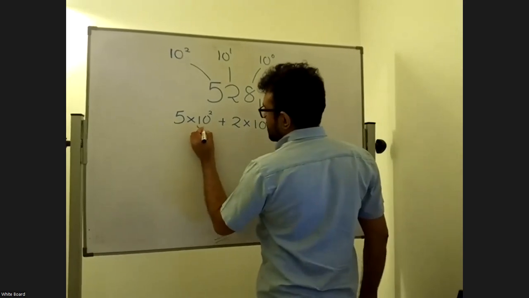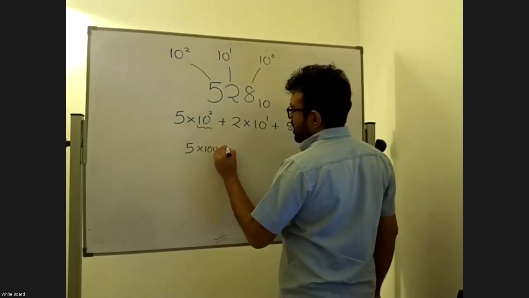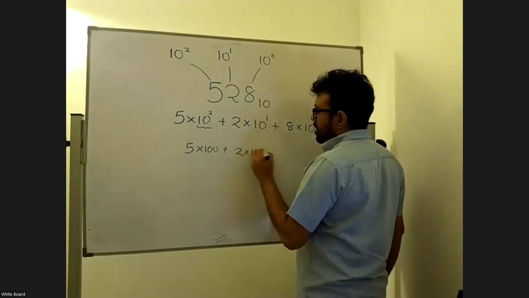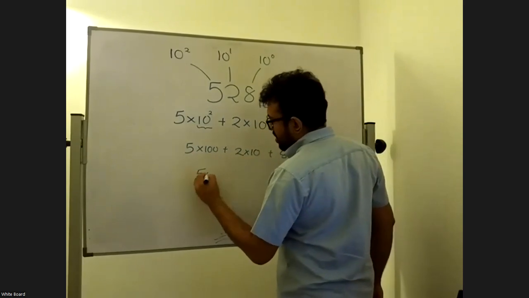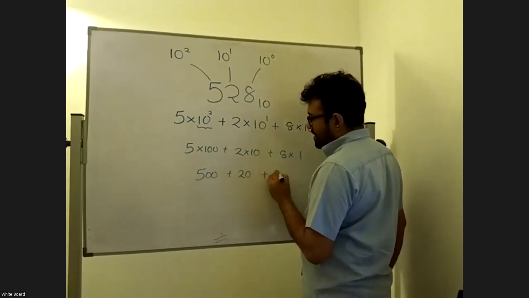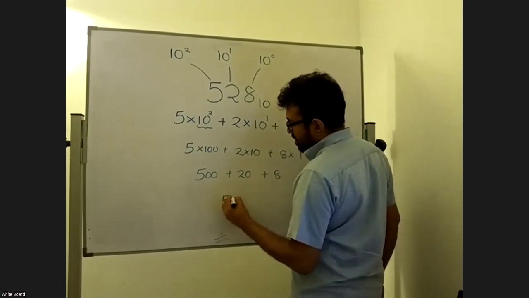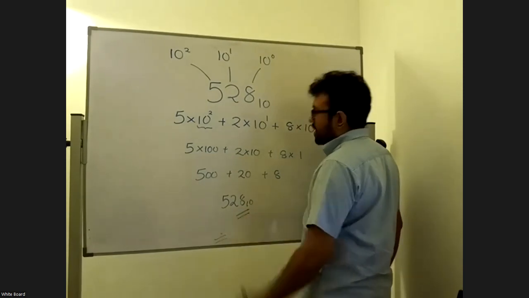So this means 5 into 100 plus 2 into 10 plus 8 into 1. That means 500 plus 20 plus 8 will be 528, base 10. That's it.